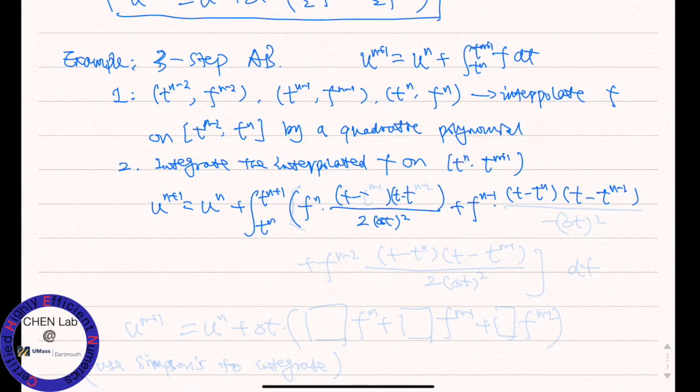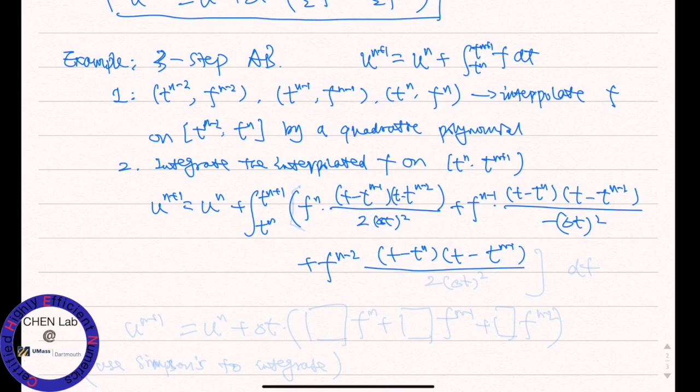Divided by, in this case, you plug in tn minus 1, you get negative delta t times delta t, which is negative delta t squared. Plus the last one is Fn minus 2 times (t minus tn) times (t minus tn minus 1).